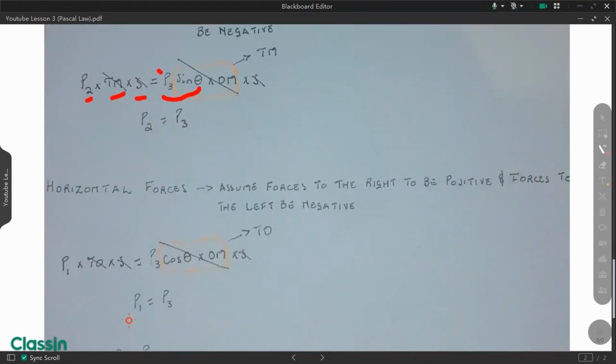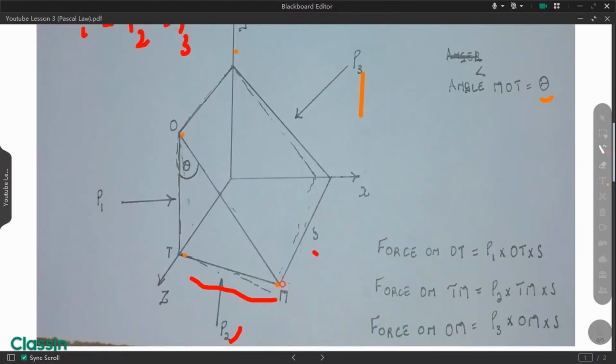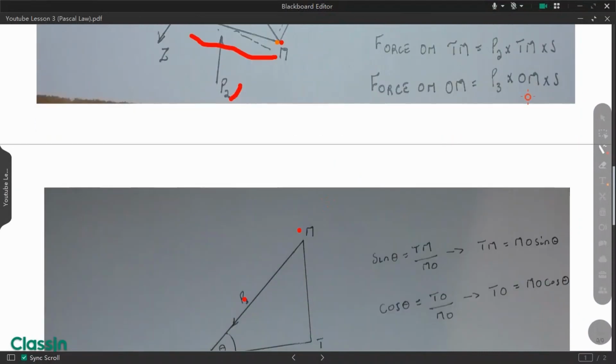So it's going to be P3 sine theta, the vertical component of that force, multiplied by the area where P3 is acting, on this surface. So it's MO multiplied by S, right? MO multiplied by S is the area on that surface, so it's MO multiplied by S, the force on that surface.